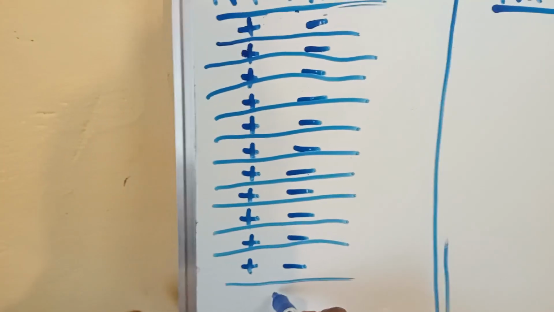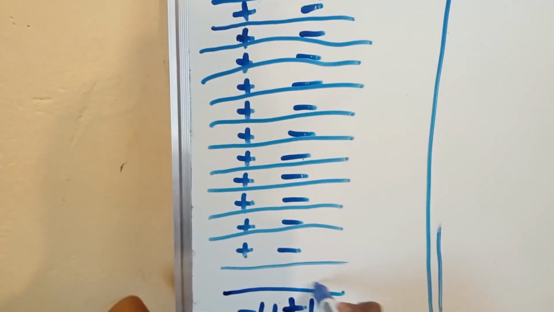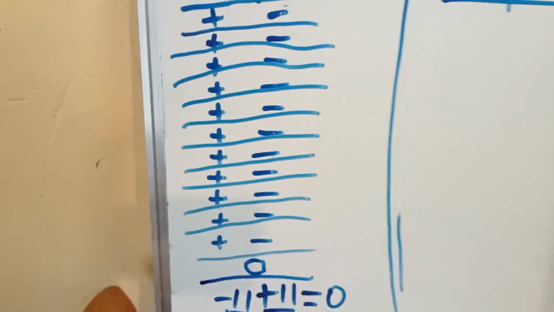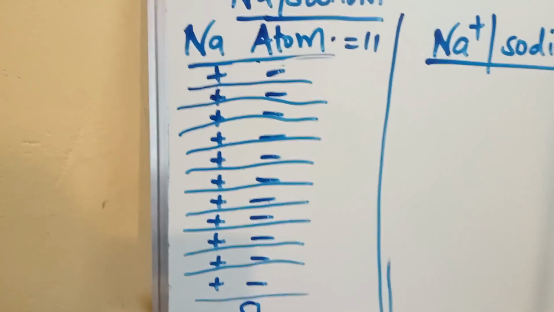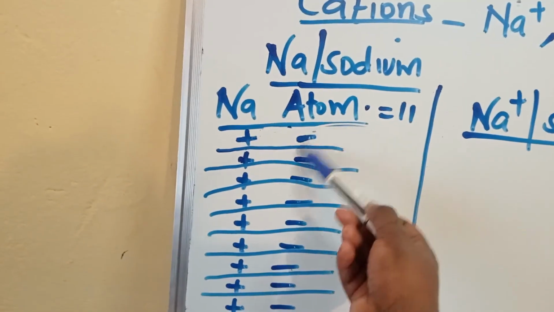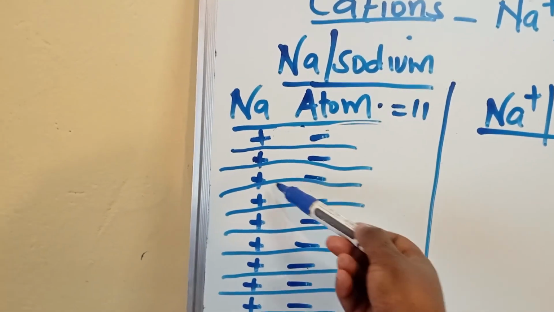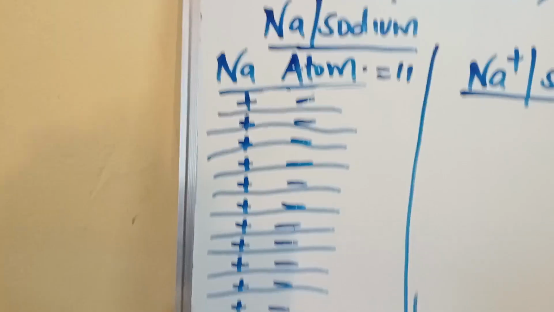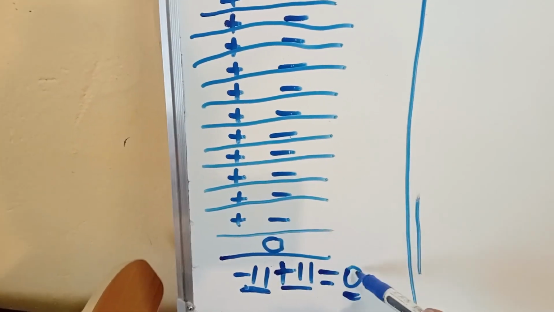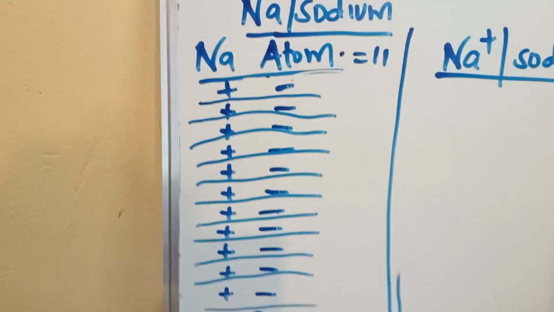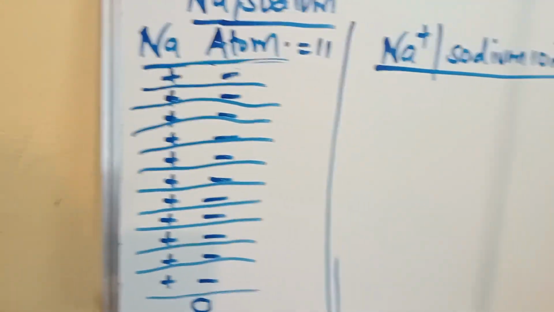So down here you say that the overall that you have is a 0. Now that they are equal, they are cancelling each other. This positive cancels with this one, each one of them. So by the end of it all, they will have all cancelled out, so remaining with a 0, meaning that an atom is electrically neutral.